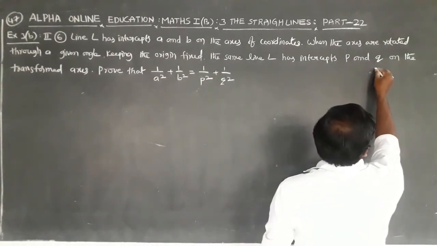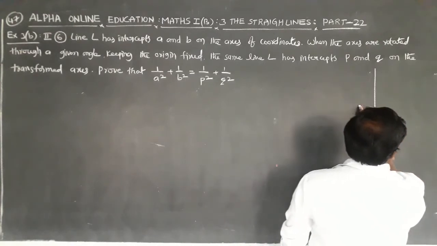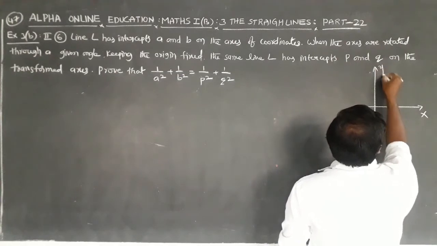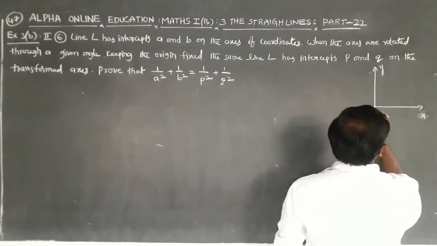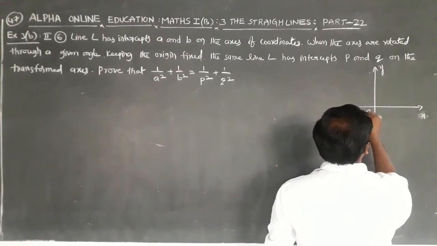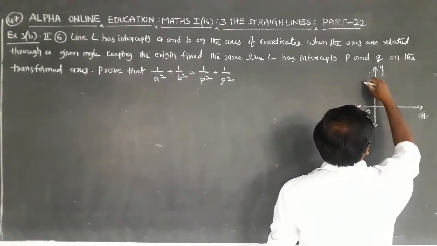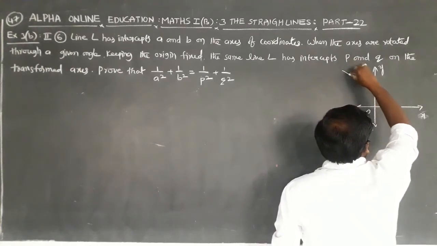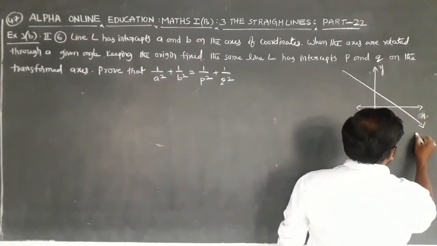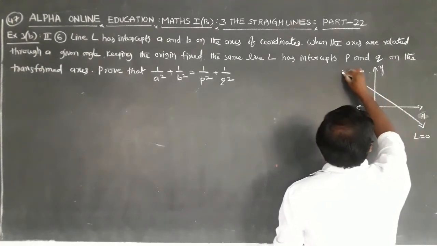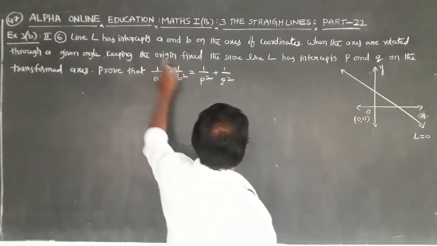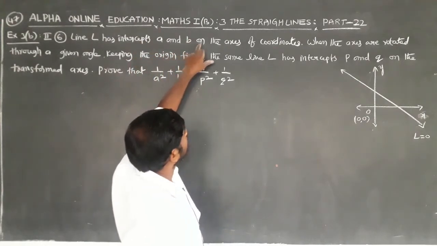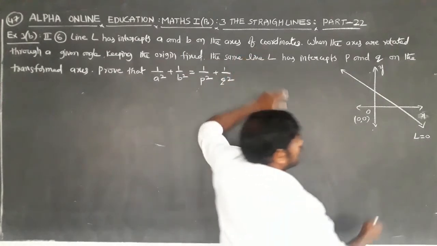This is the x-axis, this is the y-axis, this is the origin, and this is the line L. A line has intercepts small a, small b on the axes of coordinates.